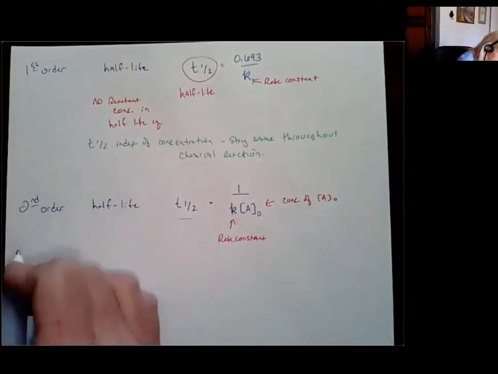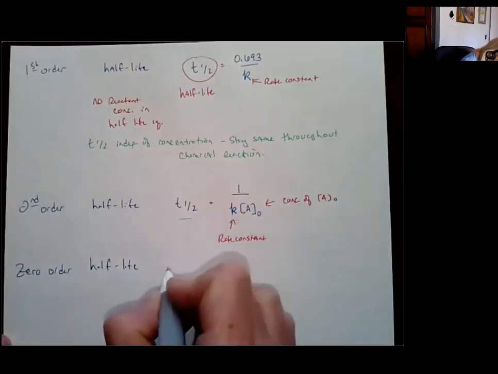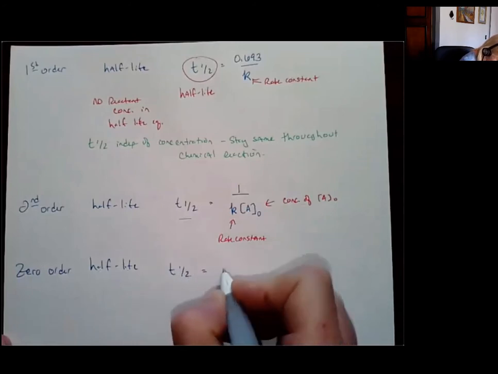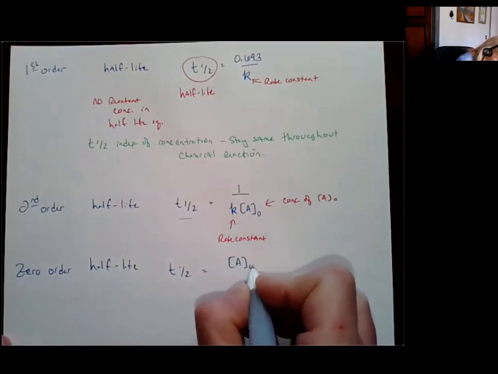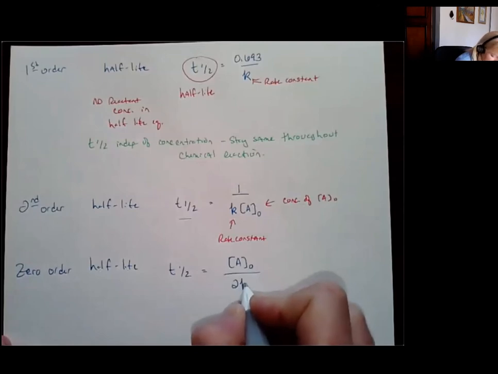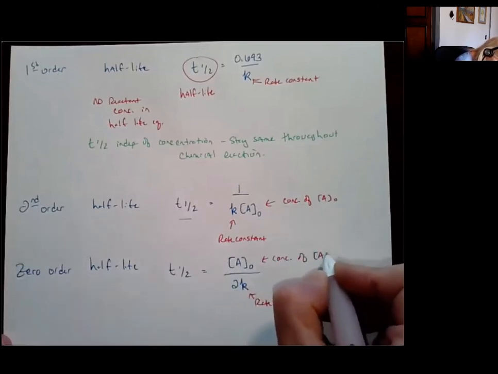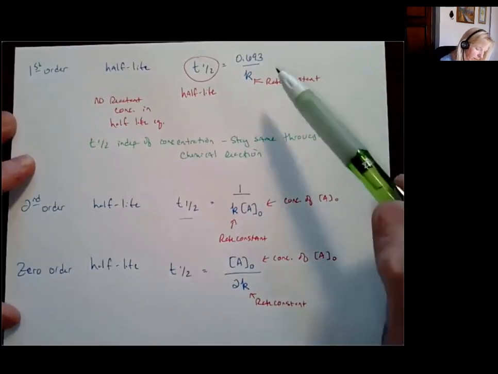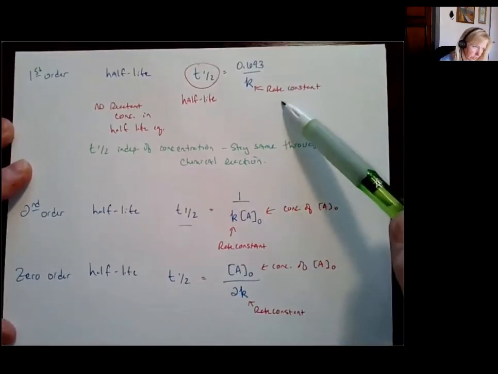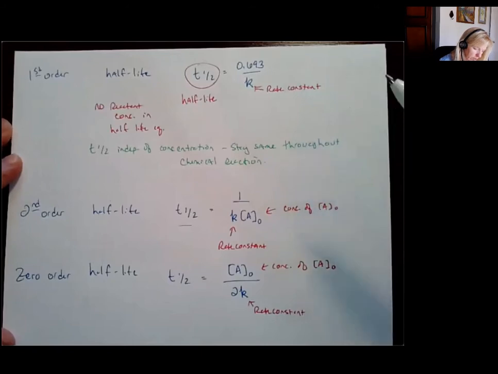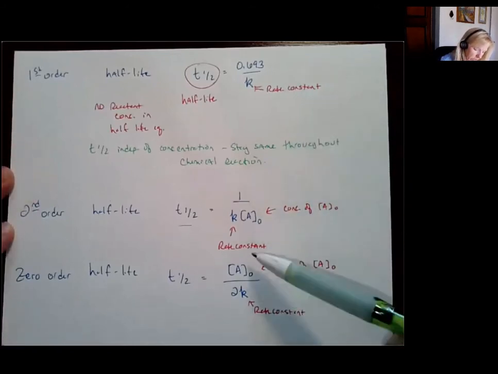If I have a zero order, my half-life looks like this: t1/2 equals my initial concentration over 2 times my rate constant, and this is the concentration of A at 0. First order, I don't have my reactant concentration in that equation, and so the half-life is going to be independent of the concentration, but I have concentration in both of these.